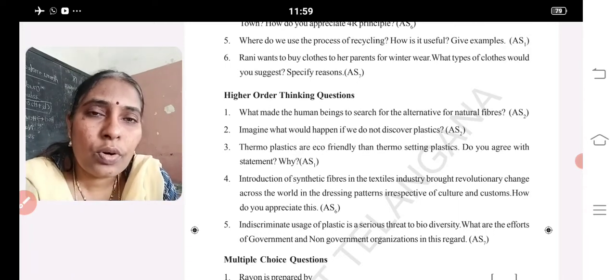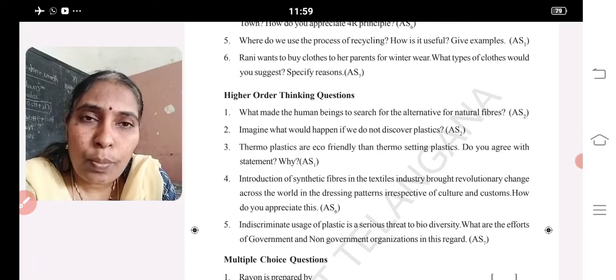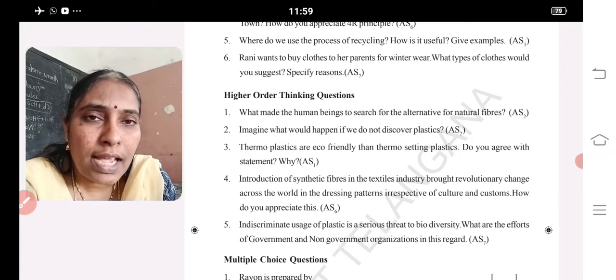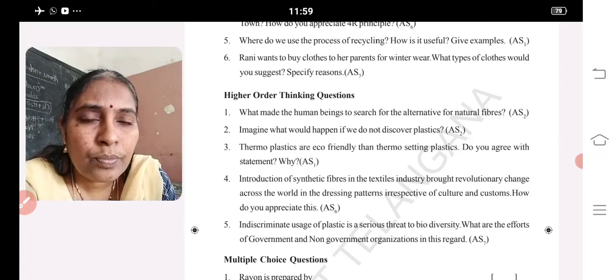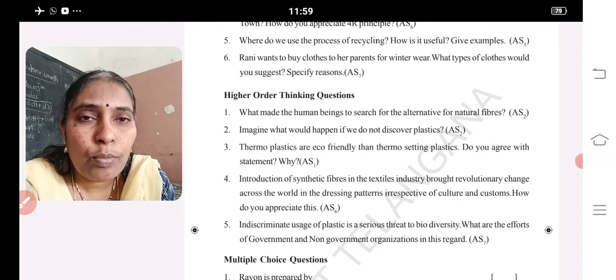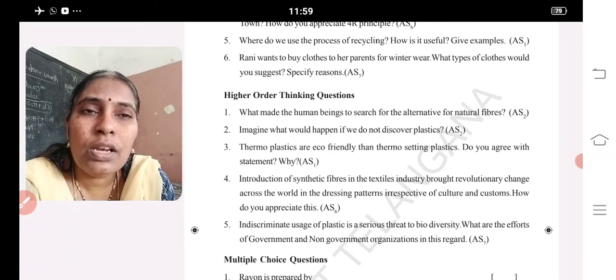Develop the concept about the 4R principle, thermoplastic, thermosetting plastic, synthetic fibers, natural fibers, blending, rayon, nylon, acrylic, cotton, and how we will minimize the use of plastic. What are the consequences? Degradable and non-biodegradable material.